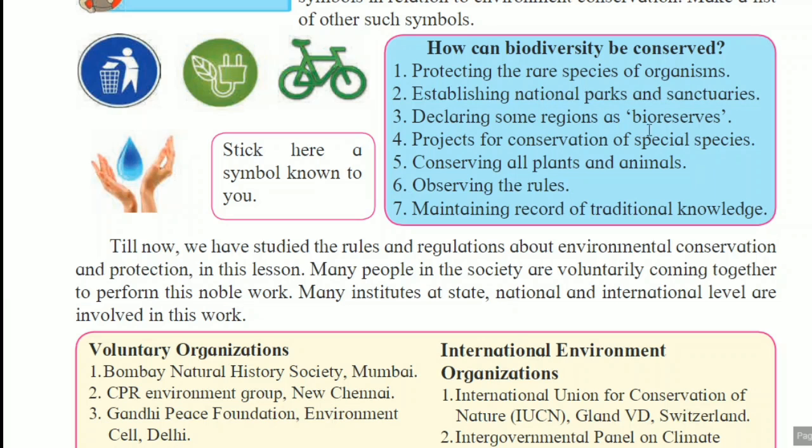Declaring some regions as bioreserves. Projects for conservation of special species, conserving all plants and animals, observing the rules, maintaining a record of traditional knowledge, because this traditional knowledge is very helpful for the future generation.